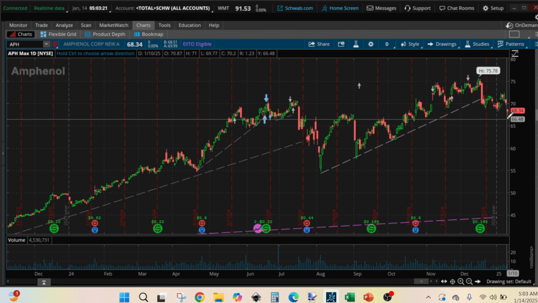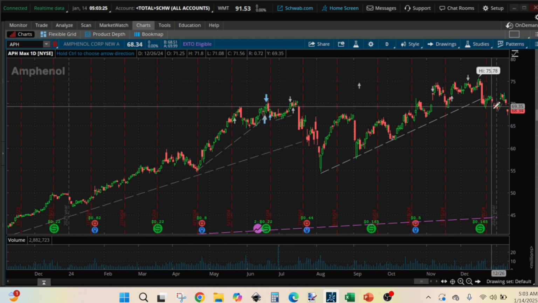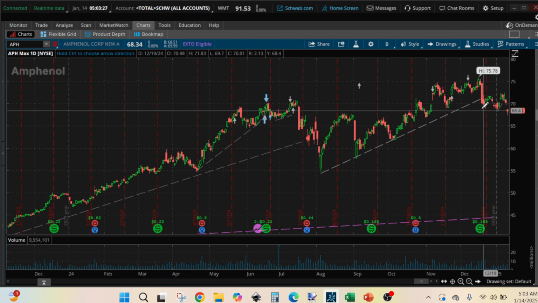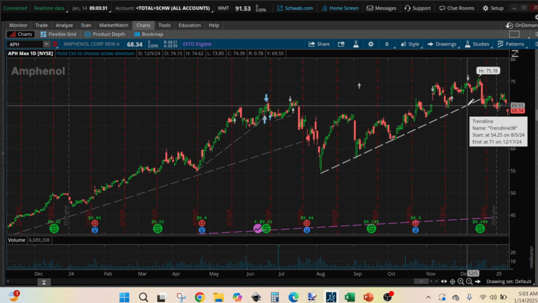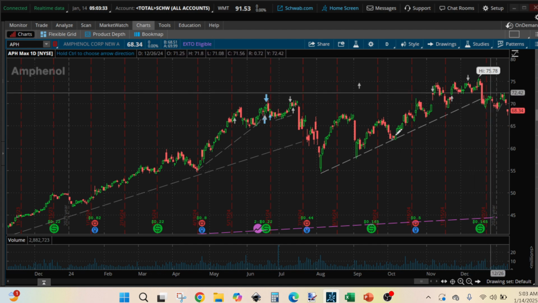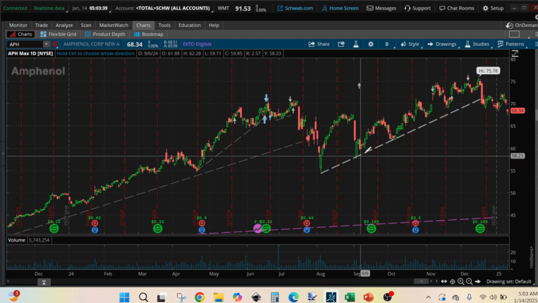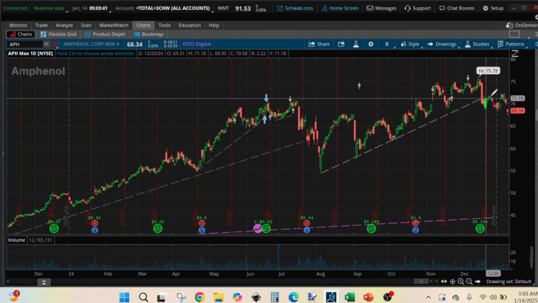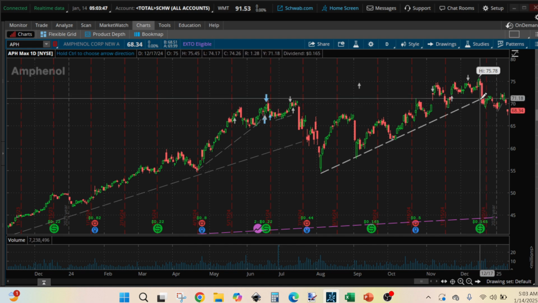So when you have a pullback low lower than the previous one, you are tracing an up trend line, a straight line. You connect the two lows, and then you are tracing it. When the pullback went below that line, it is a sign to you that that trend line is ending or ended.